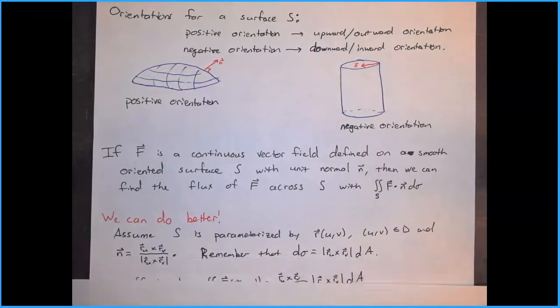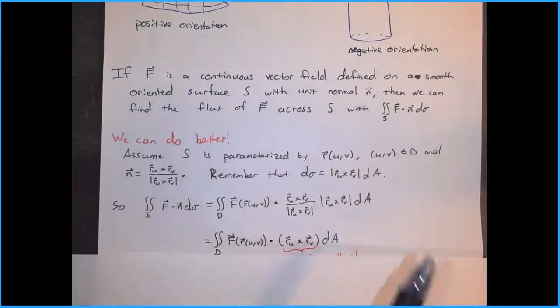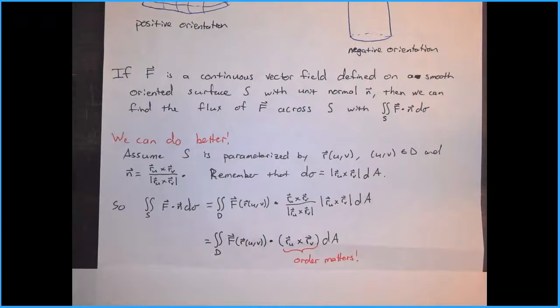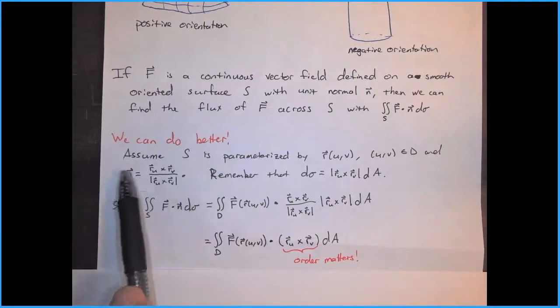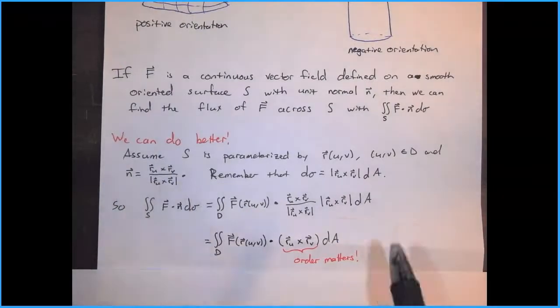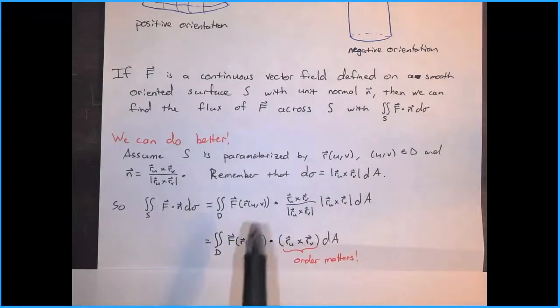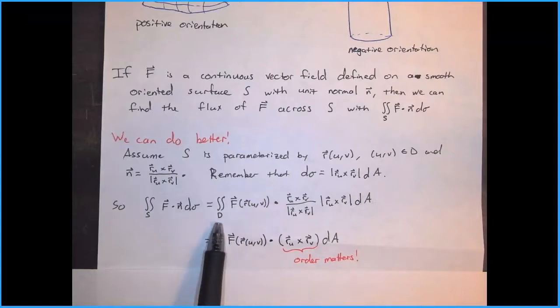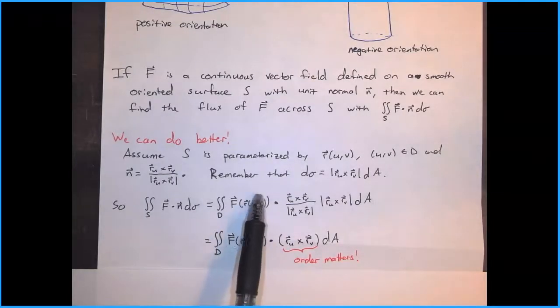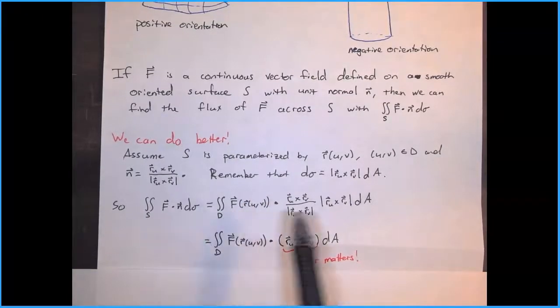But actually we can do better, because if we have a parameterization, and let's just say I know this is the unit normal that I want, I know d sigma is the magnitude of these cross products of partial derivatives that we've talked about before. I plug all of this in. I'm integrating over D, which is my parameter space. I plug the parameterization into my vector field.